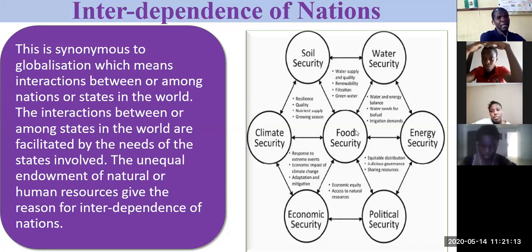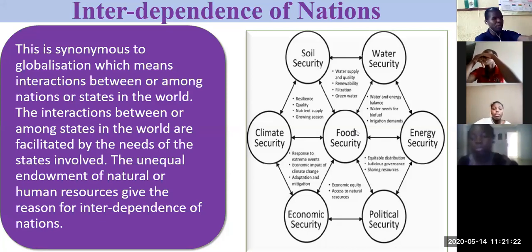And if I don't have what you have and I need it, I need to relate with you in order to get what you have. That is the essence of interactions among nations in the world. Nobody is 100% buoyant or has it all.